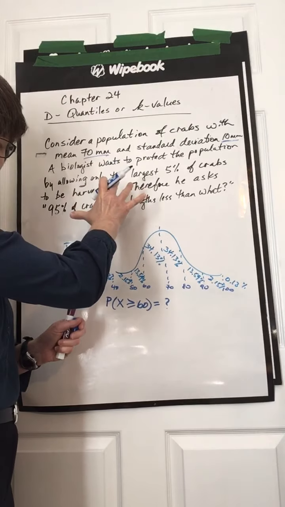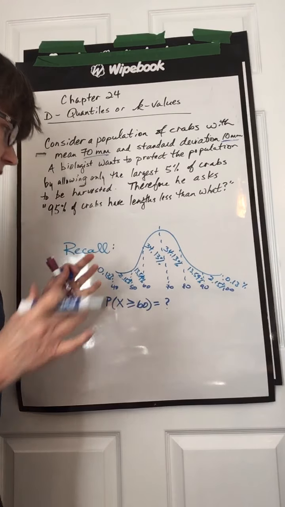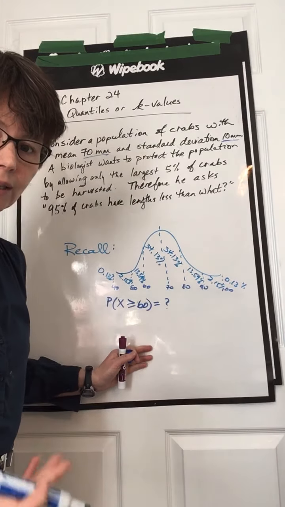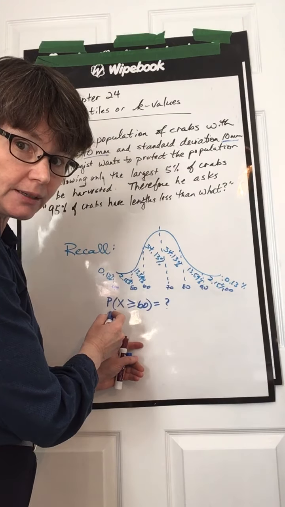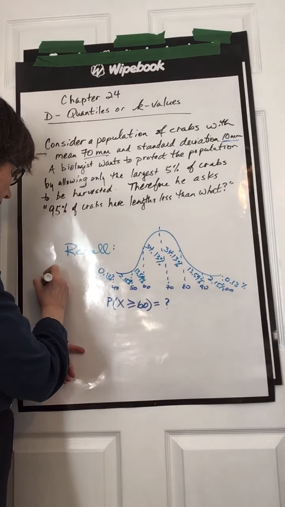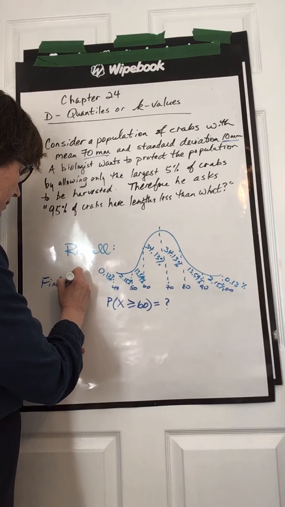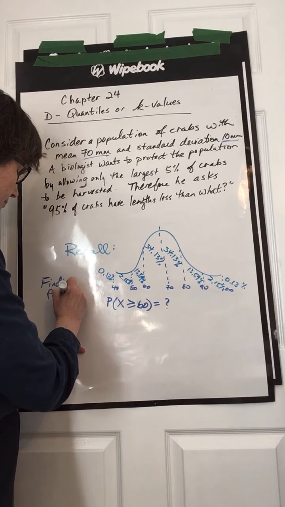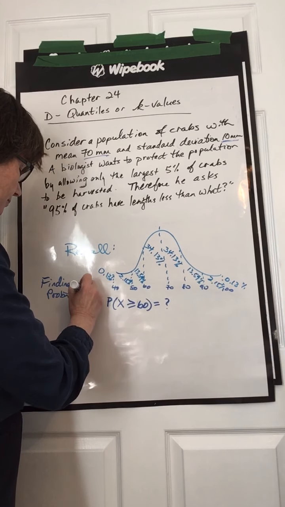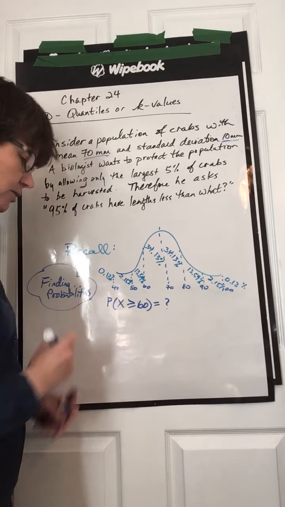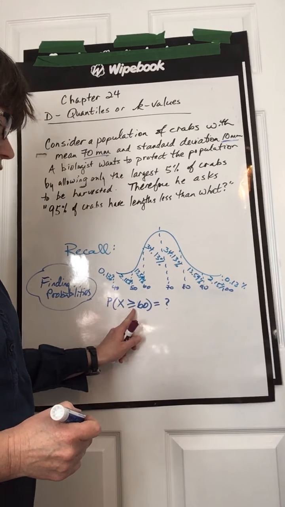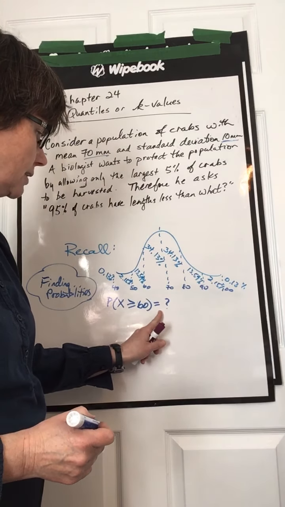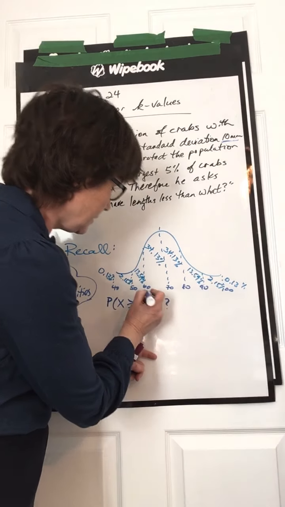Let's recall the types of things we've been doing so far: finding probabilities. Things like the probability that x is greater than or equal to 60 equals what? Well, here's 60.